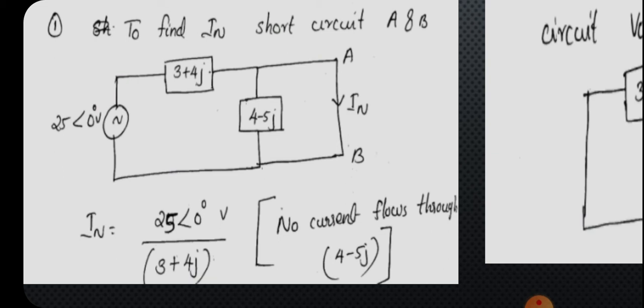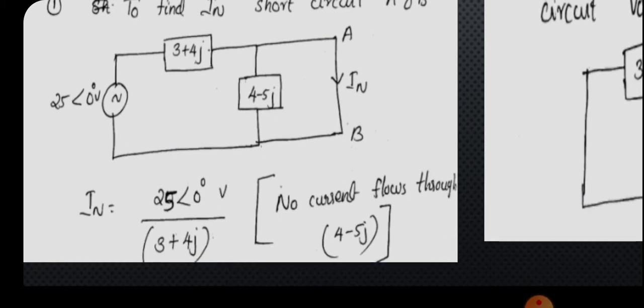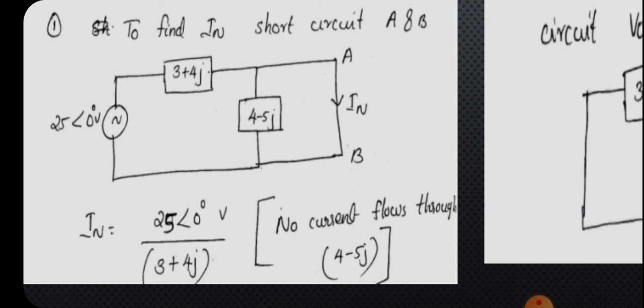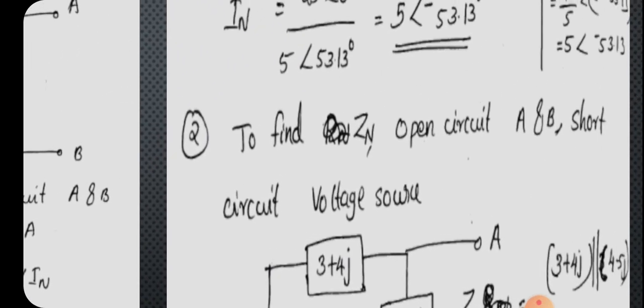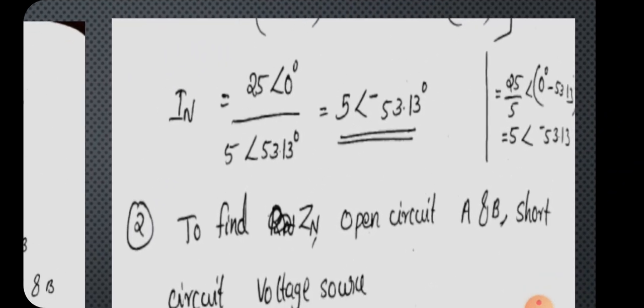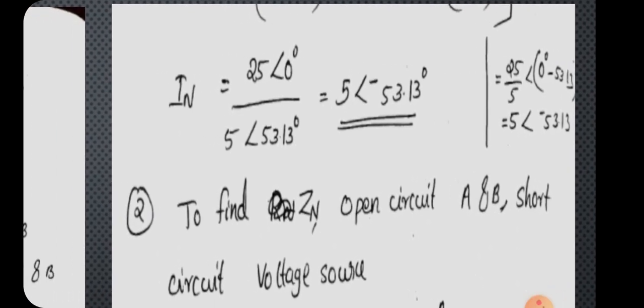So all the current from the 25 angle 0 degree volt battery will flow through the short circuit. So the short circuit current IN, by simple Ohm's law, will be equal to voltage divided by impedance, that is 25 angle 0 degree divided by 3 plus j4. We can solve that value by using a calculator, and we will get IN equal to 5 angle minus 53.13 degree.